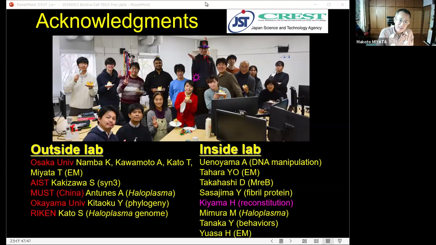Another possibility is to use proteins isolated from SYN3, but SYN3 has a problem with the growth and yield of the cells. It's completely different from E. coli, so we are improving from both directions.